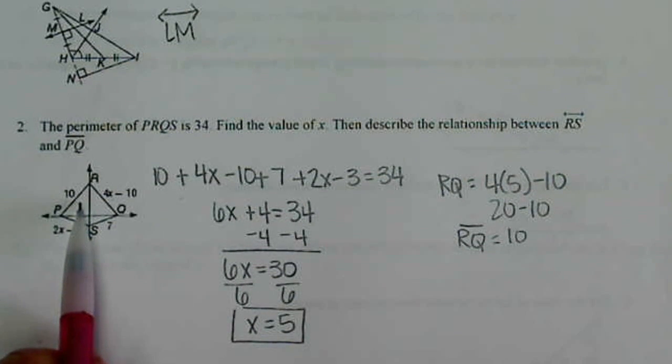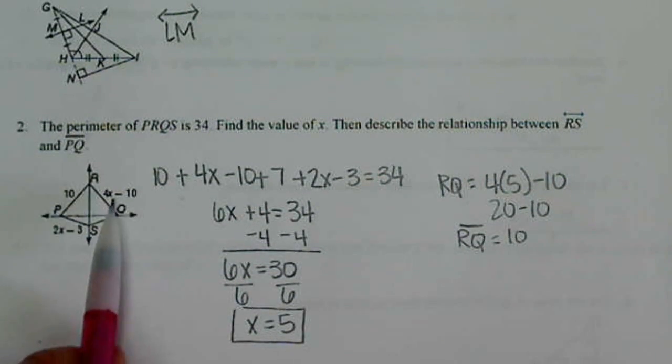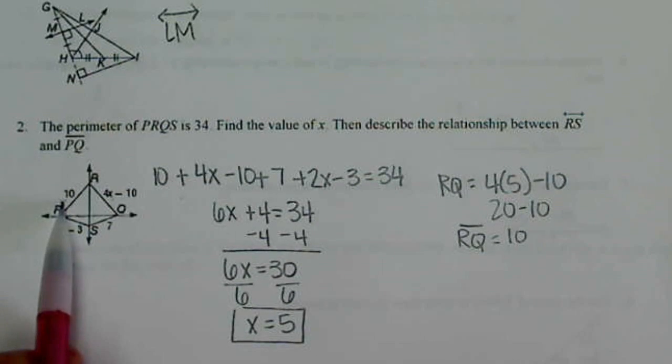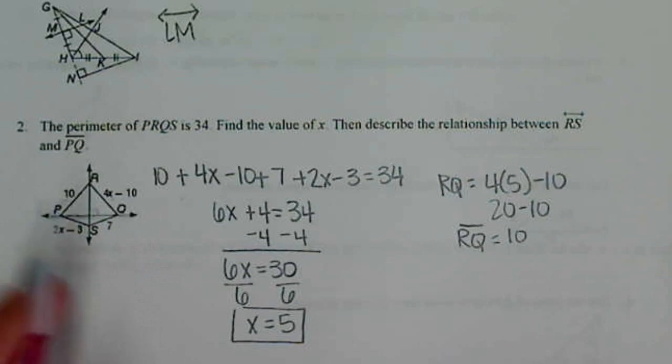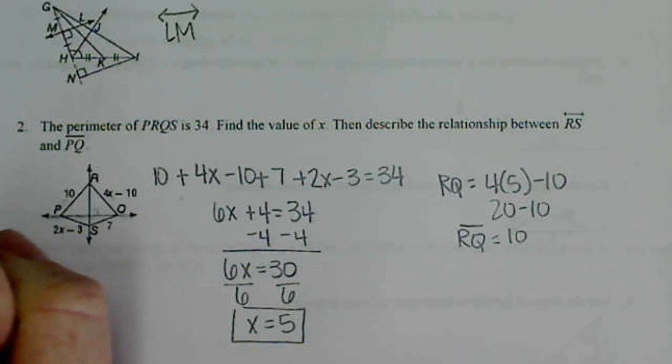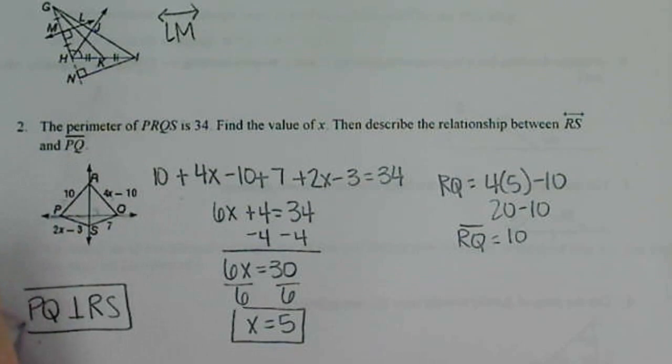These are congruent. So therefore, because these are congruent, this is a perpendicular bisector of PQ, or PQ is perpendicular to RS. That's the other half of the question.